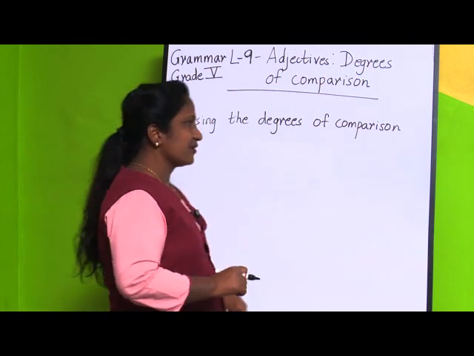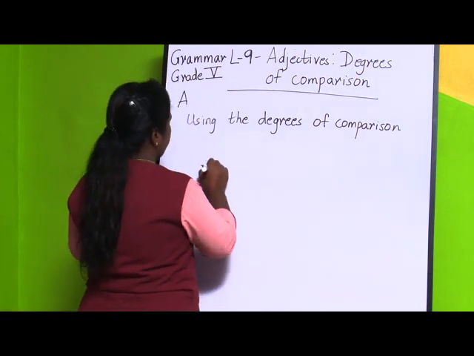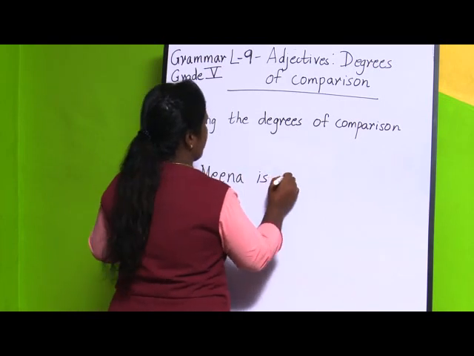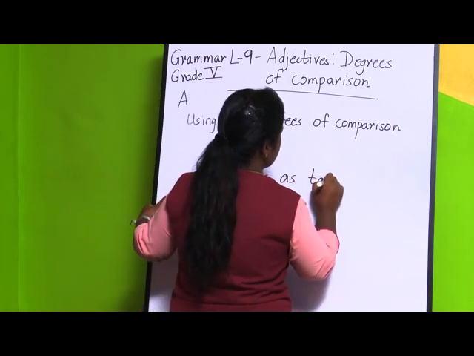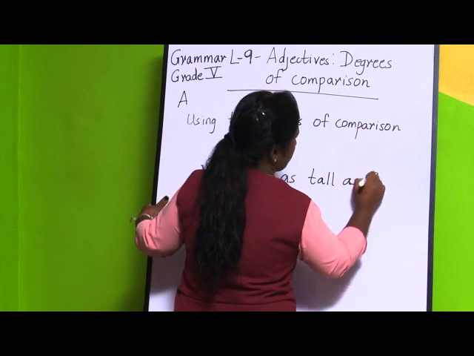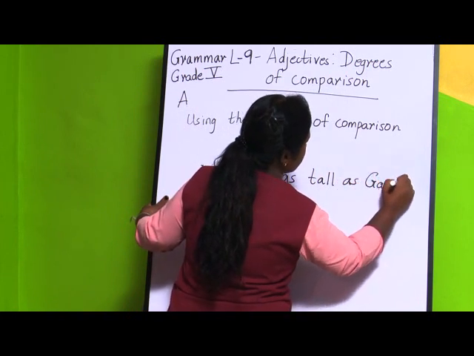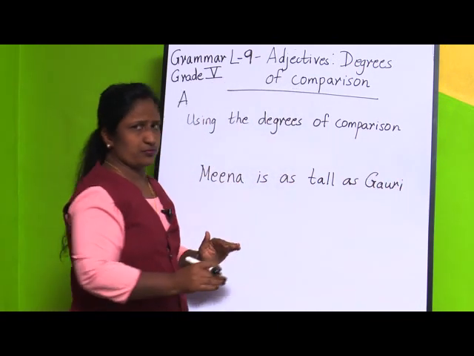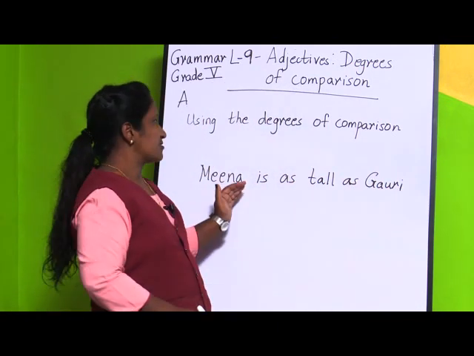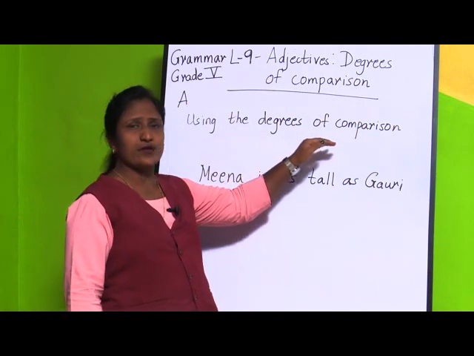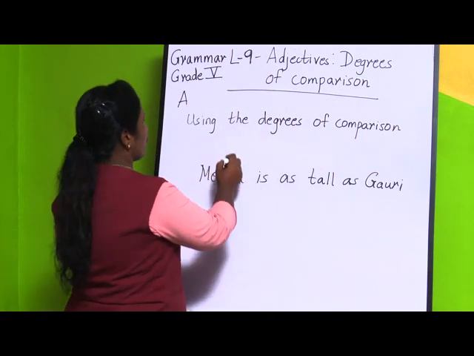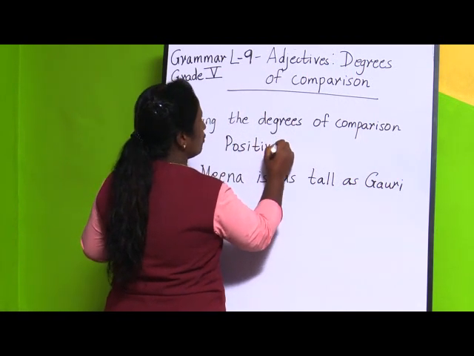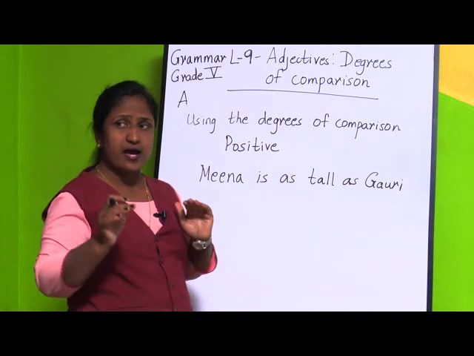For example, if you take this example, Meena is as tall as Gauri. We are going to suggest that these two girls are tall, meaning both are equal. So, using the degrees of comparison in positive degree, we are going to show that two persons or two things are equal.